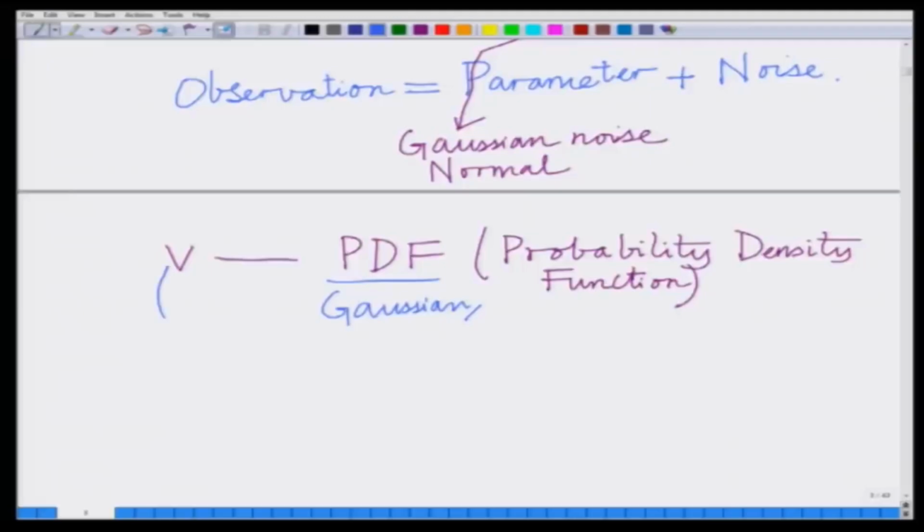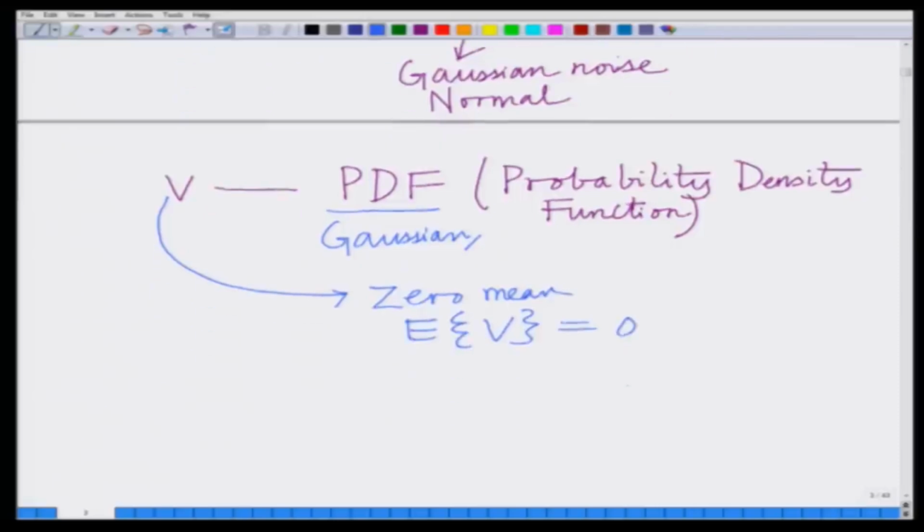This noise v is zero mean, that is, the expected value of v equals 0, and further the variance of this noise, that is, expected v square, equals sigma square.